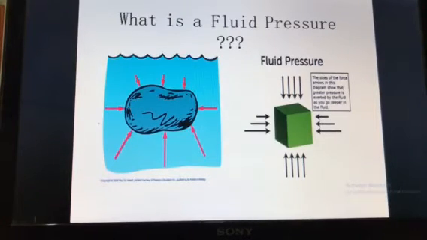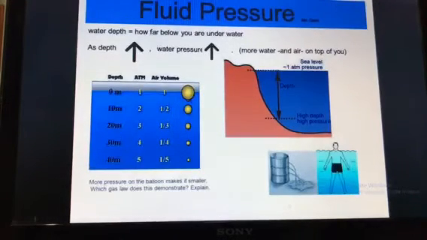Okay, so first we will deal with the pressure, the fluid pressure. As we know, pressure is defined as the normal force exerted by a fluid per unit area when we deal with a gas or liquid.